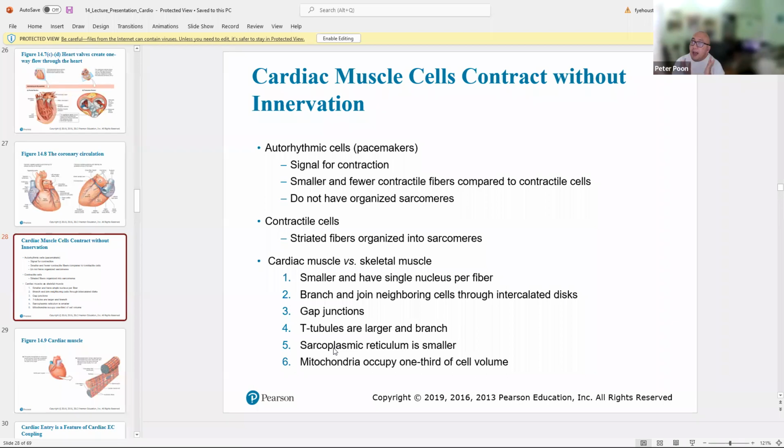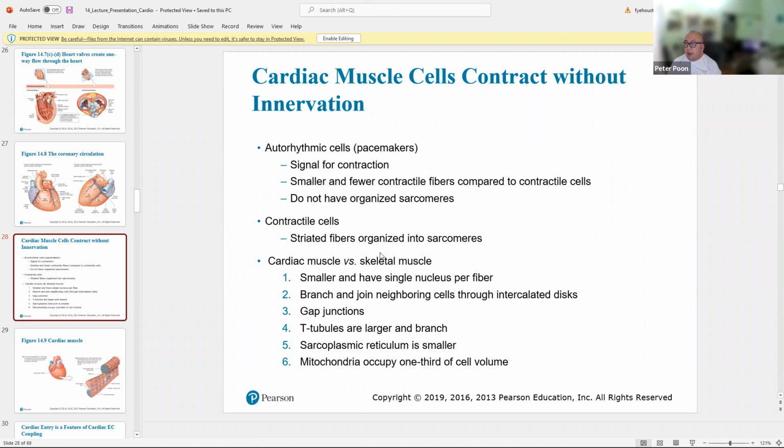Cardiac muscle and smooth muscle do. They have autorhythmic cells, or pacemakers. These cells will automatically signal for contraction on their own. They leak, and when they leak, they cause the contraction to happen.